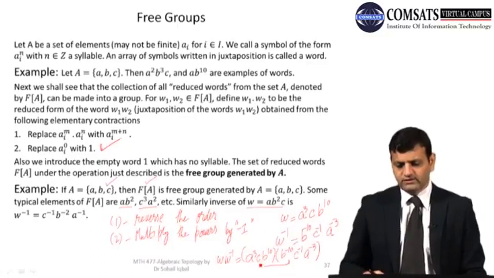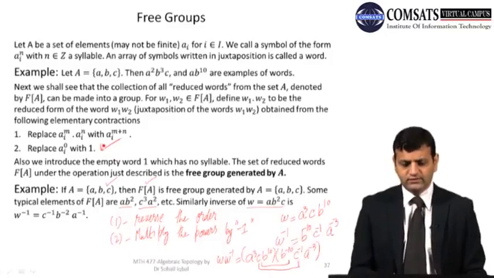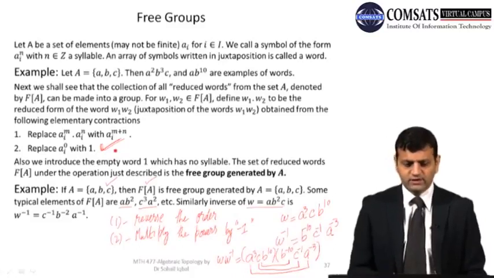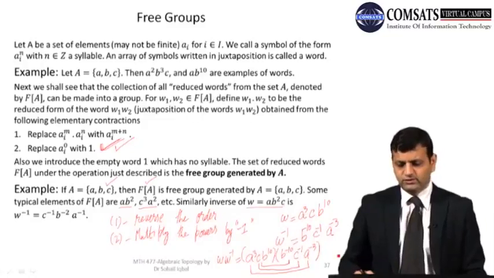Similarly, in the next step we will get c raised to power 1 and c raised to power minus 1, and their product will be c raised to power 1 minus 1, which is c raised to power 0. Once again, according to this rule, it will be 1. And in the final step, a raised to power 3 multiplied by a raised to power minus 3, and the result will be a raised to power 0, which again by this result is 1. So the end result will be 1.